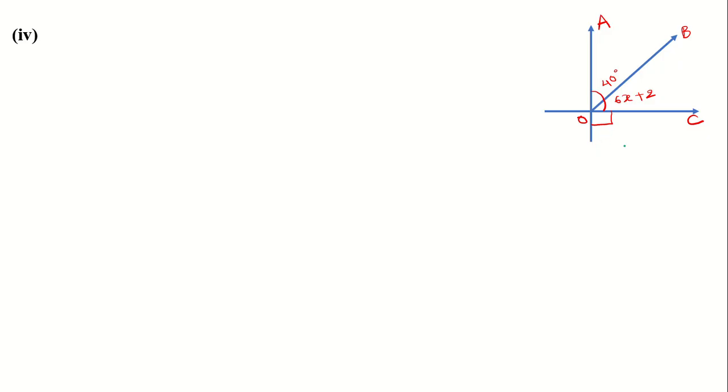See here, a figure is given, and in this figure, we have a right angle OC which is 90 degrees, and we have angle AOB as 40 degrees, BOC as 6x plus 2 degrees.